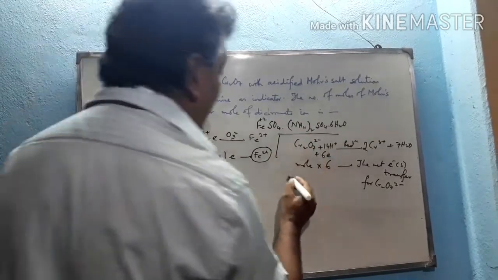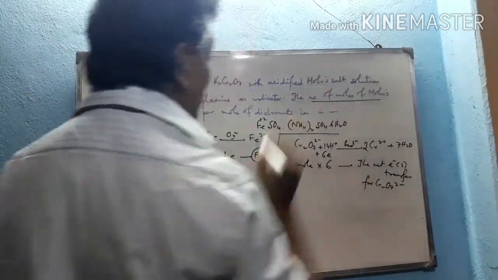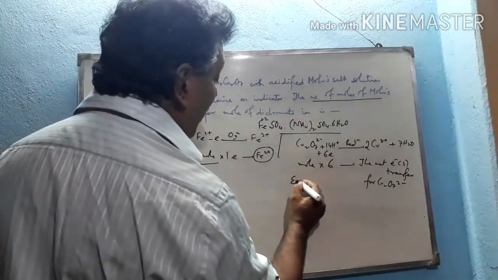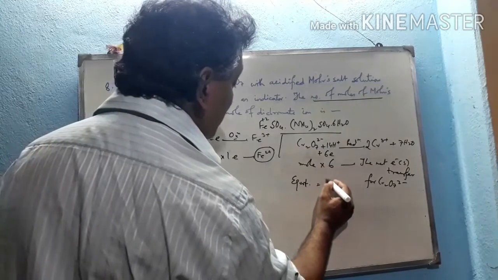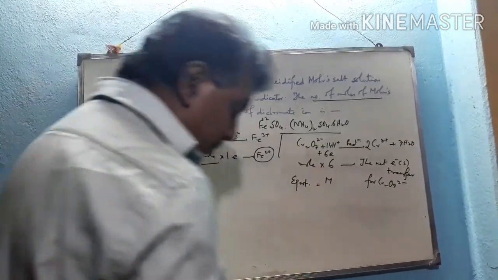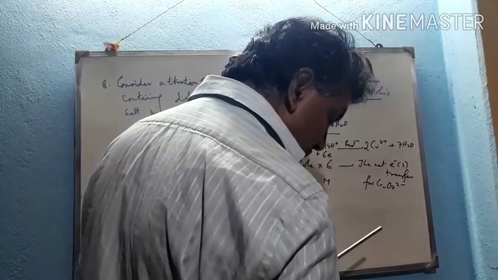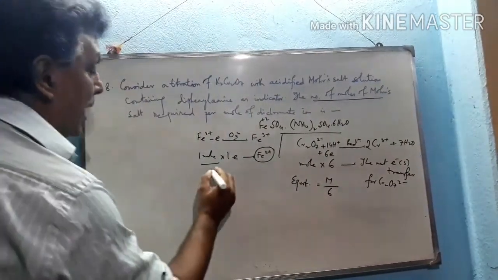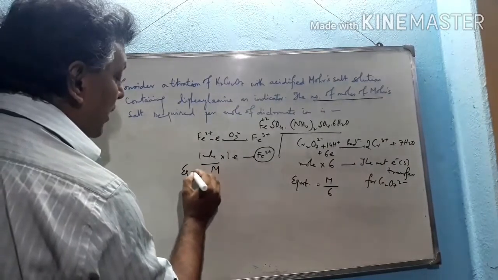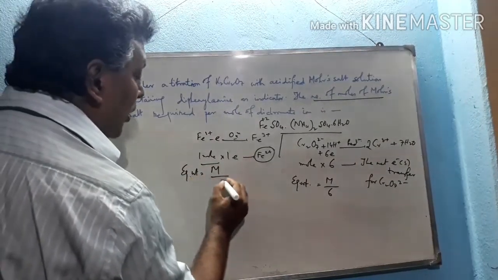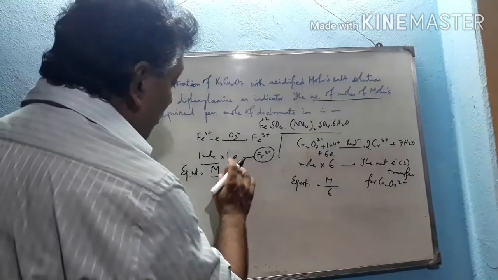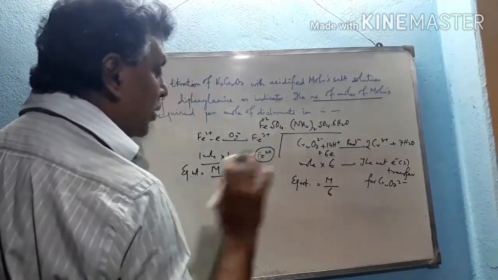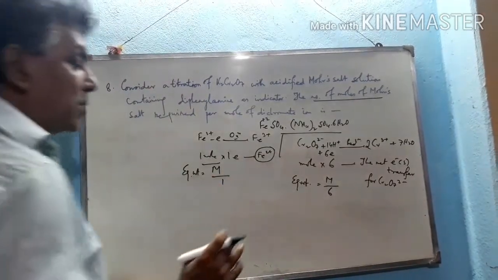So the equivalent weight, we have to calculate the number of moles of the Mohr's salt. Therefore the equivalent weight of this substance is equal to molecular weight divided by 6. This is the equivalent weight. Here also the equivalent weight of the Mohr's salt will be equal to molecular weight divided by 1. So number of moles divided by 1, number of moles divided by 6. These two will be equal because the equivalent weight in case of neutralization reaction must be equal.